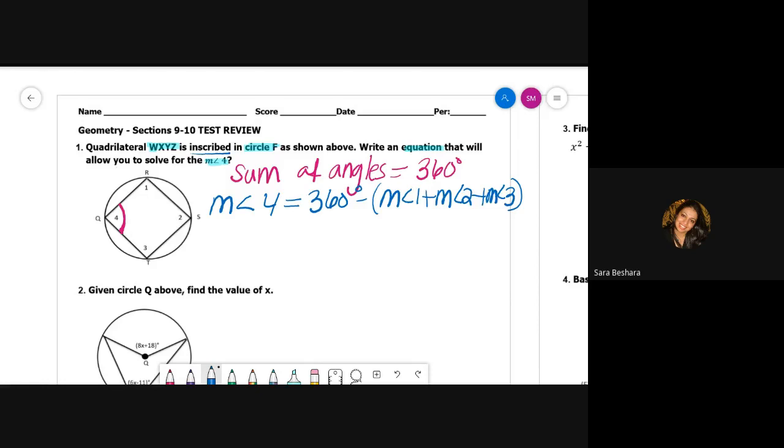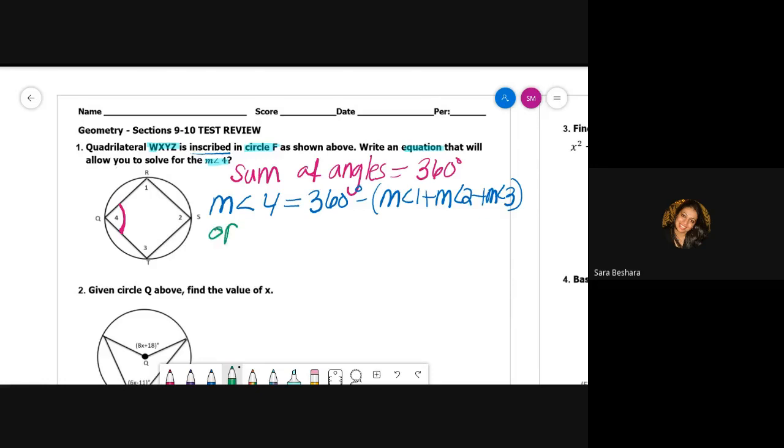We have learned that if the quadrilateral is inscribed in a circle, then the opposite angles are supplementary. This means the measure of 4 plus the measure of 2 is equal to 180.